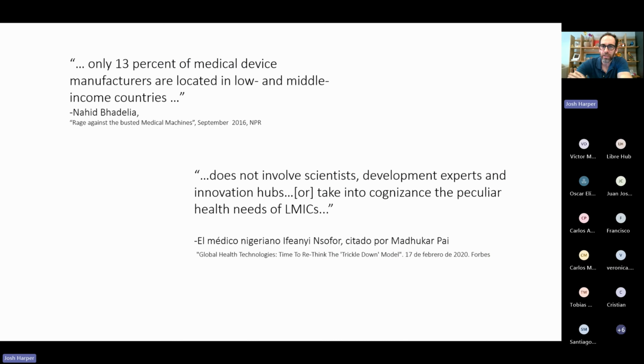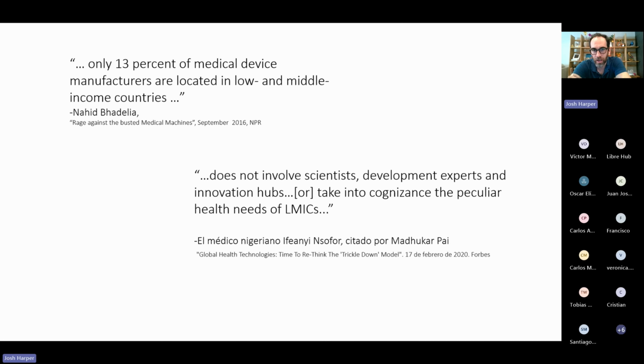But I also think that these quotes from a few scientists and journalists are very interesting, that point out that most technologies are not manufactured in low or middle income countries, only 13%, according to this particular researcher interviewed on NPR. And that creates an issue, because when you don't build something in a country, you lose that intimate knowledge of how it's supposed to work. And that makes it difficult to sustain.